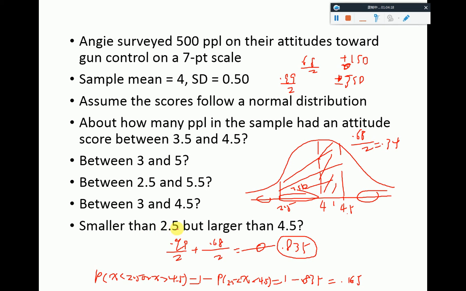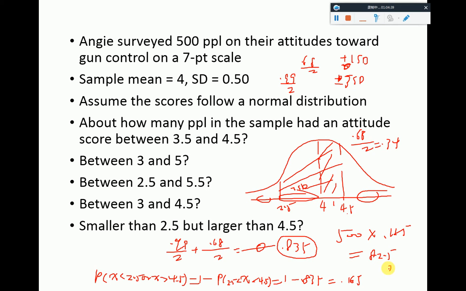Okay, so the number of people who scored below 2.5 or above 4.5 will be 500 times 0.165, that's 82.5.